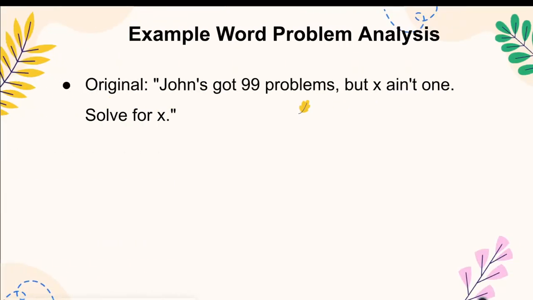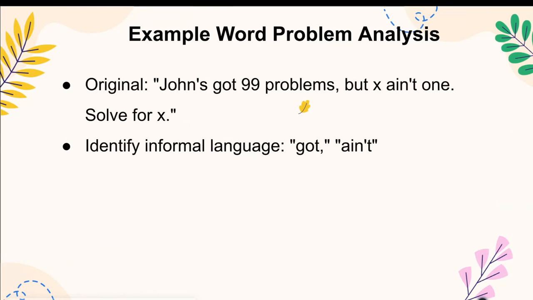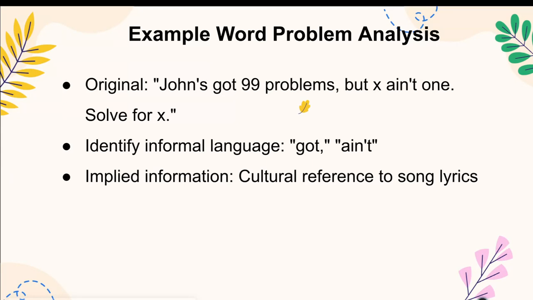Let's look at an example. Here is a problem I might use. John got 99 problems, but X ain't one. Solve for X. Now let's break it down. Informal language: got and ain't. Implied information: this is a reference to a popular song.